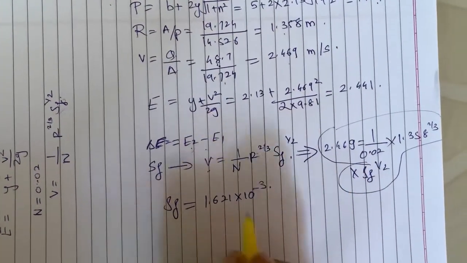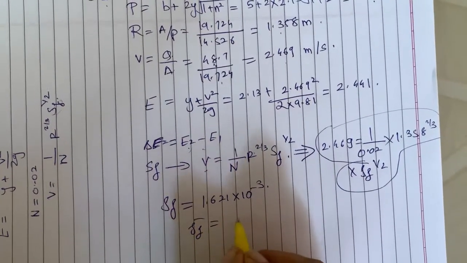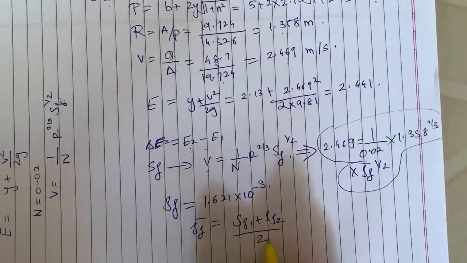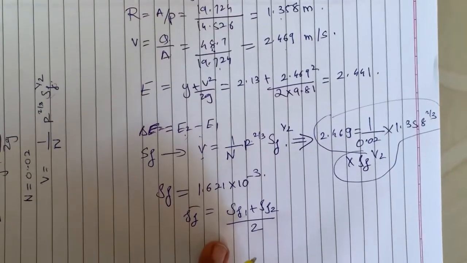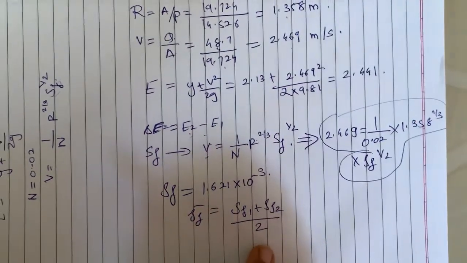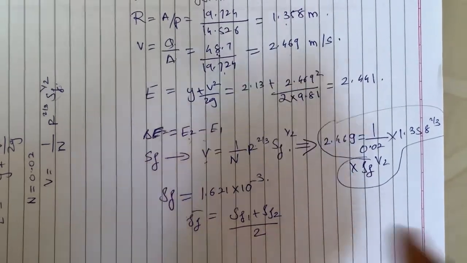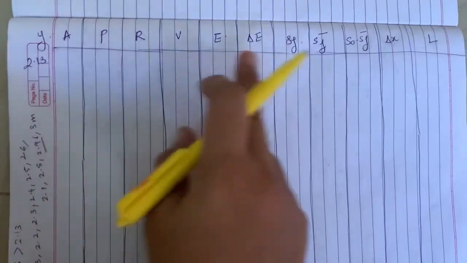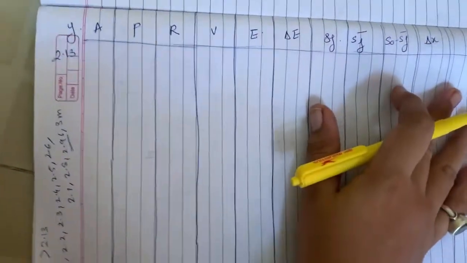Then after SF we have SF bar. SF bar means SF1 plus SF2 divided by 2, the average of SF1 and SF2. For this again we require SF2, that is for the second depth. So for 2.13 we have calculated area and perimeter, so that we will write here.